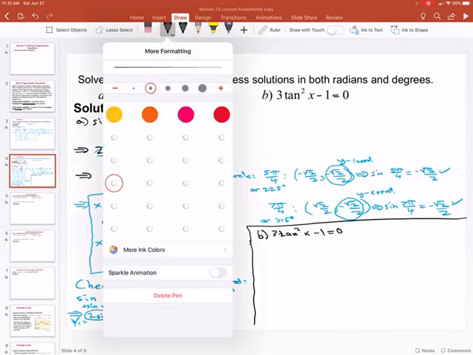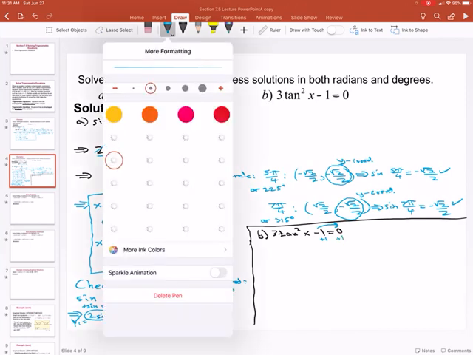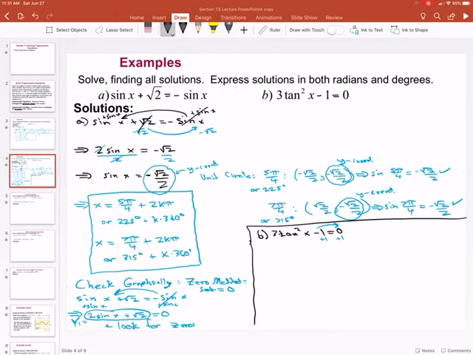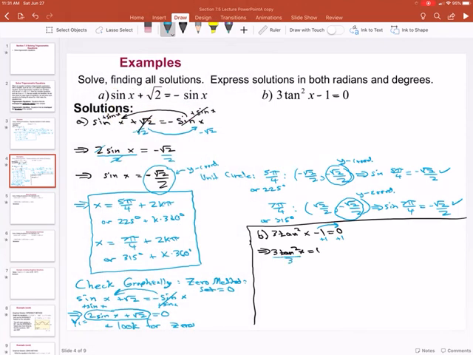Now solving that, again I'm looking at only one x term, so let's go ahead and isolate it. Let's add the 1 over to the other side of the equation, and we get 3 tan squared x equal to 1. Then we can divide out our coefficient of 3 to get the tan x term by itself.